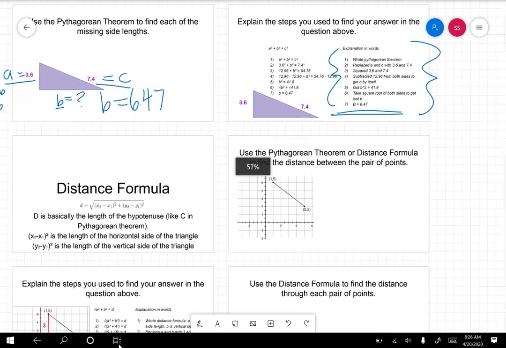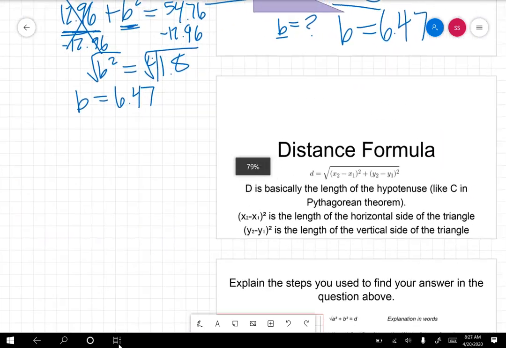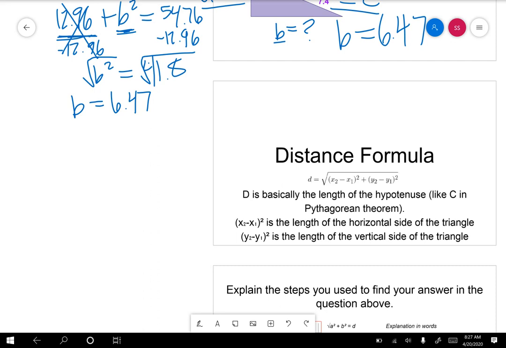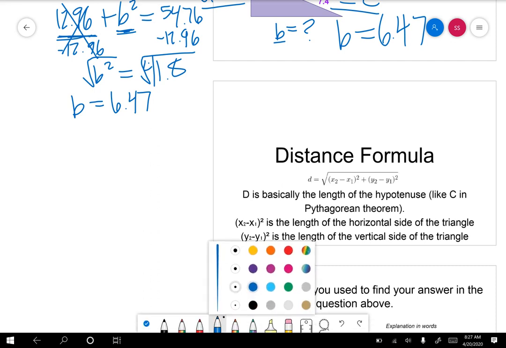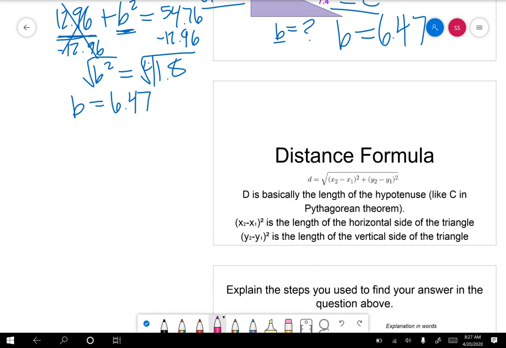Okay, all right, we're going to move on to distance formula now. Okay, so distance formula, and we've gone over this before, but I'll just do this briefly. Basically, d in this equation is the length of the hypotenuse in a right triangle.